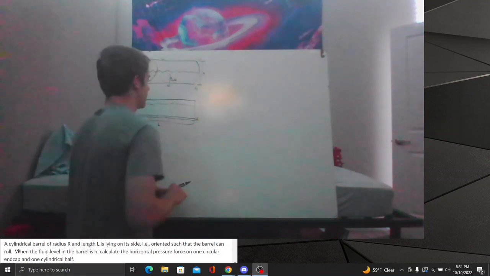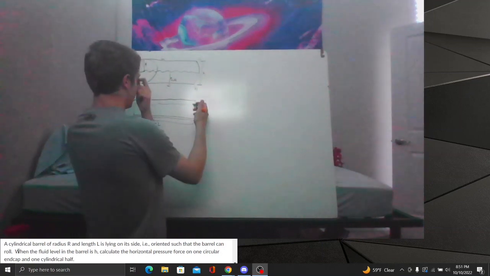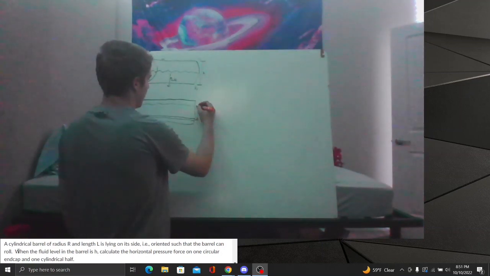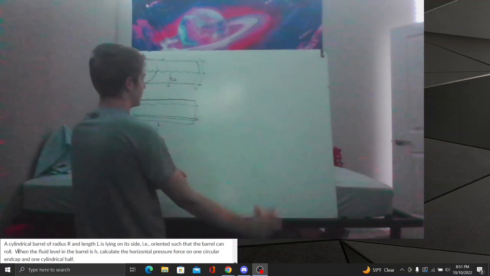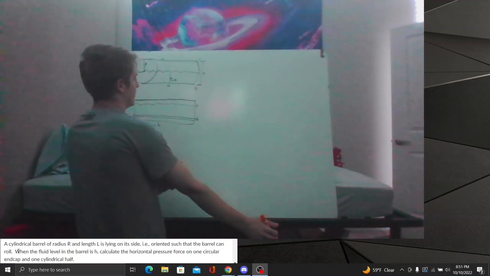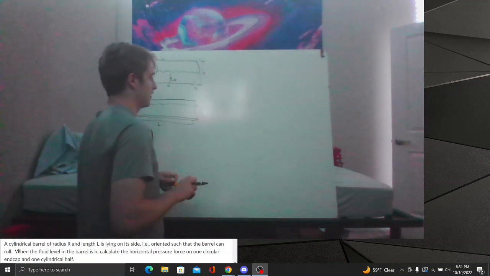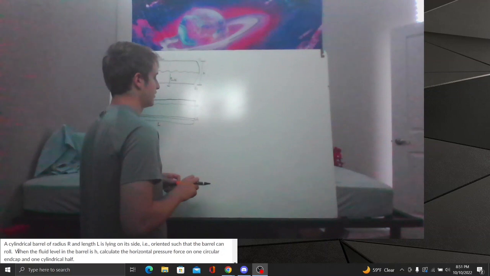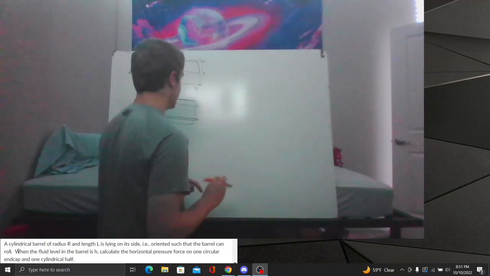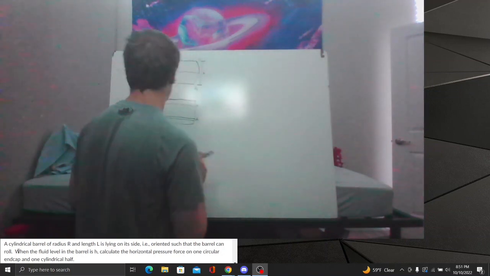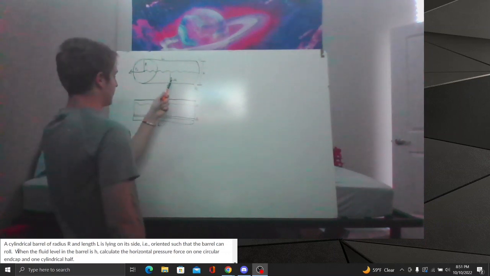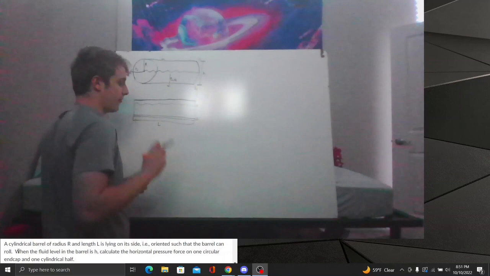So basically we are calling the height of our liquid 0, and then wherever we're going to is going to end up being h when we are using an integral. So to start off, we're going to be looking for the force on one cylindrical half or side.